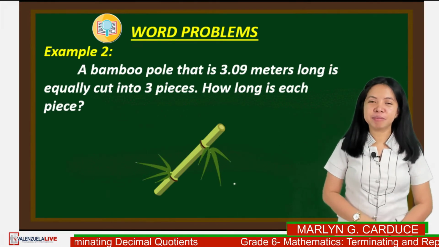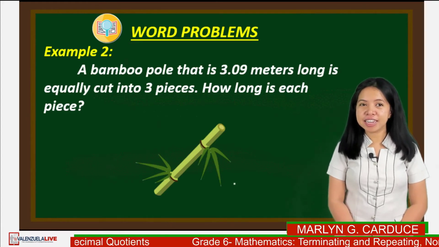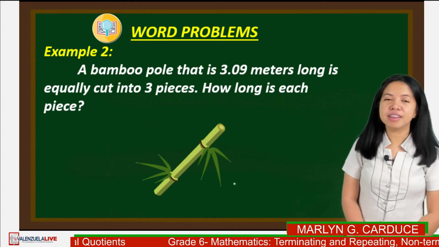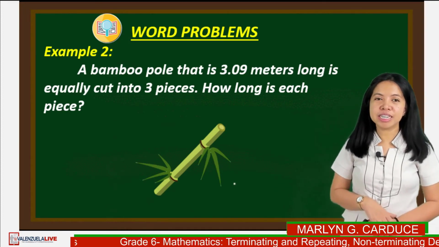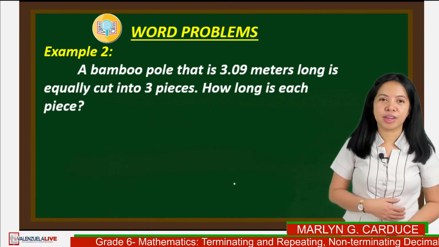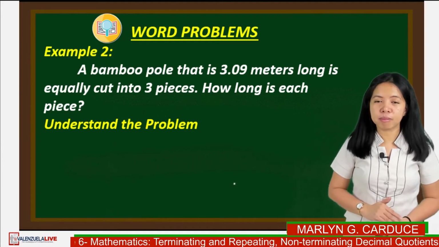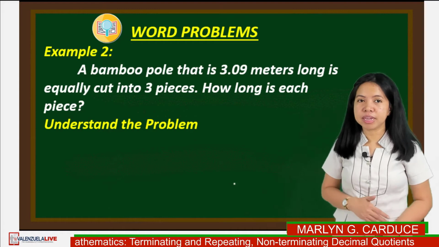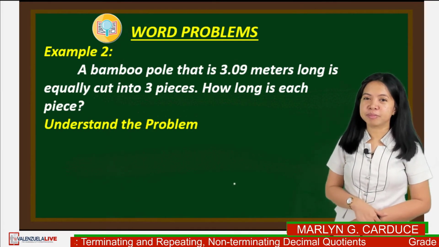Okay, second example. A bamboo pole that is 3 and 900 meters long is equally divided into 3 pieces. How long is each piece? Again, the first step is to understand the problem and identify what is being asked.